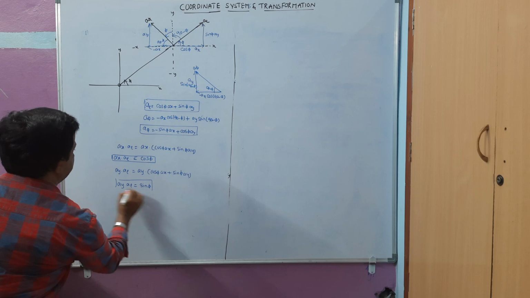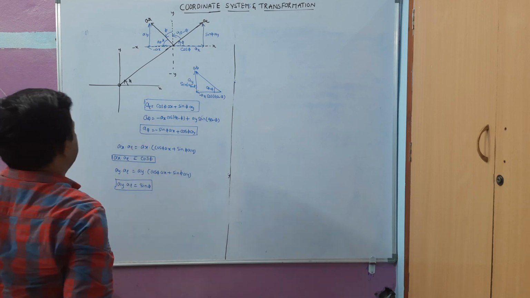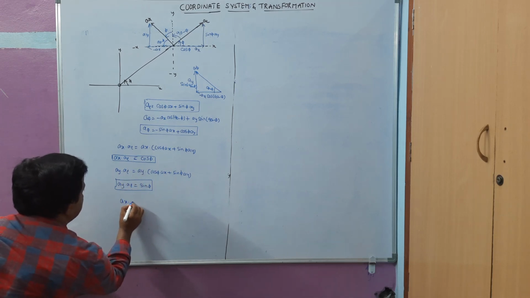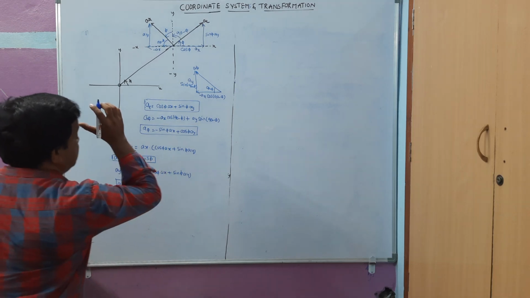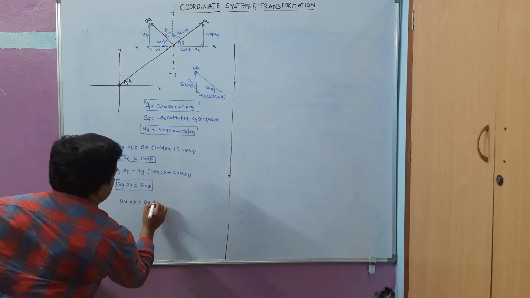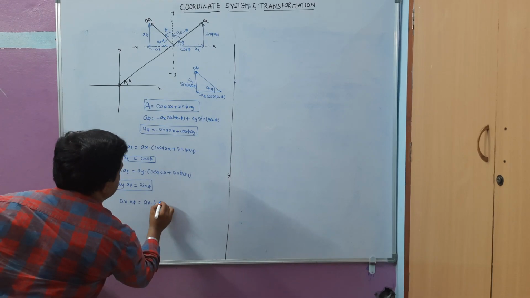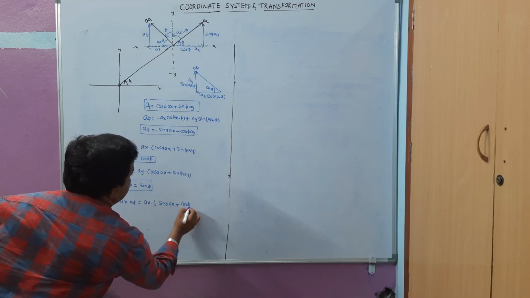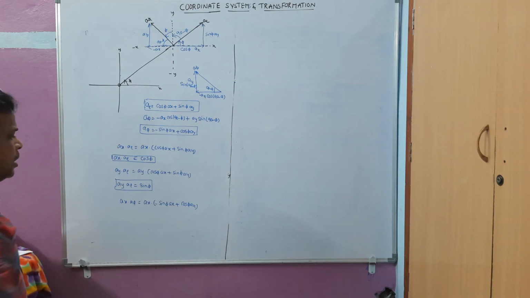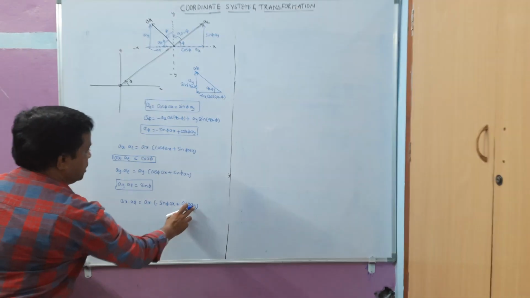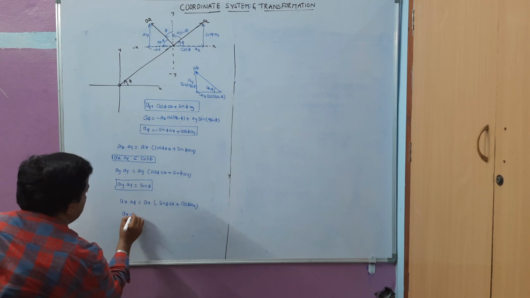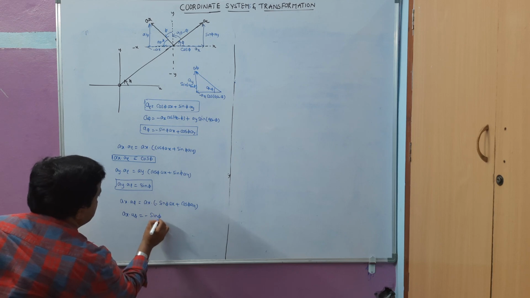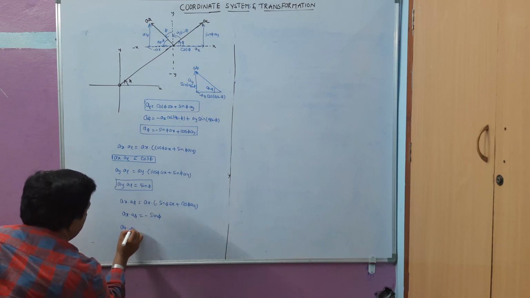Similarly, I have to get ax dot a phi and ay dot a phi. ax dot a phi is minus sin phi ax plus cos phi ay. The dot product of ax dot ax is 1, ax dot ay is 0, so ax dot a phi is minus sin phi.